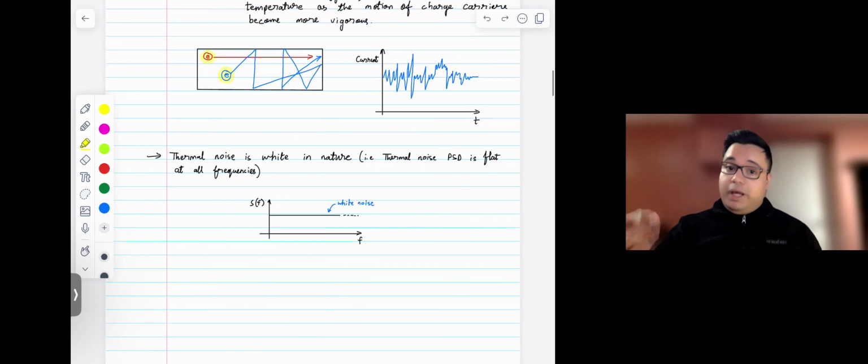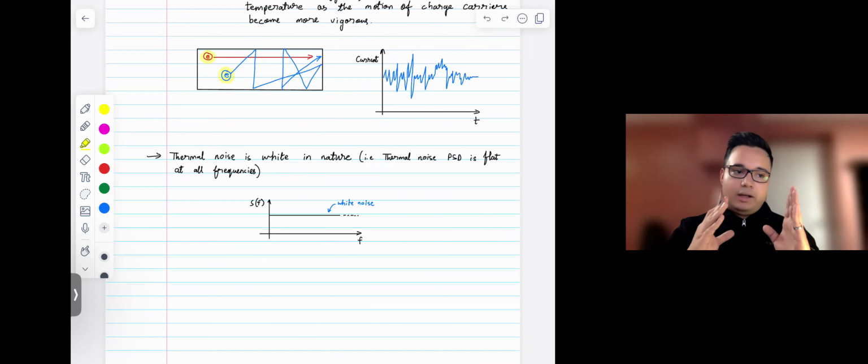And it's also actually one of the reasons why we sometimes want to have electronics at a low temperature, because we want to reduce thermal noise in our electronics as much as possible, so that we can receive very small signals.